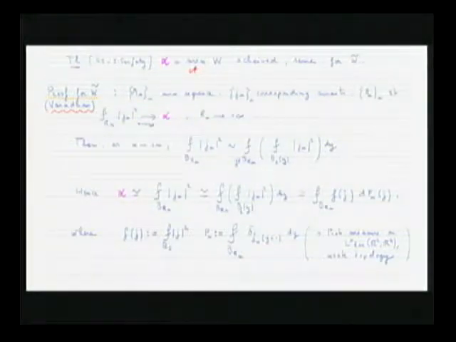Okay, so then as n goes to infinity, you use Fubini's theorem in a very straightforward way. So you write this as a double integral. So it's the integral over the ball of radius Rn of the average over the ball of radius 1 centered at y of Jn squared.